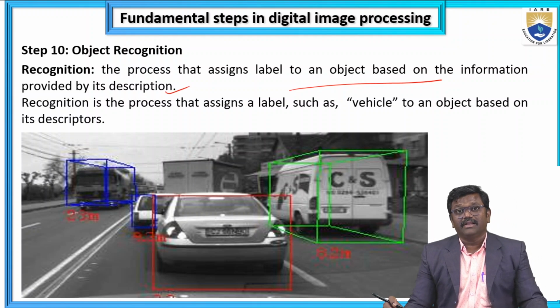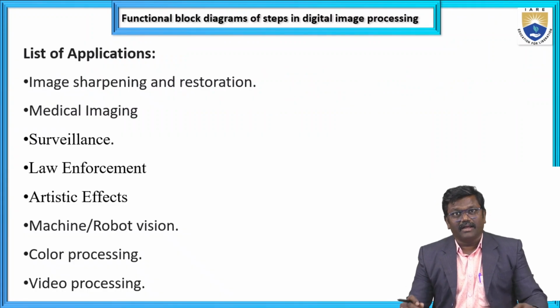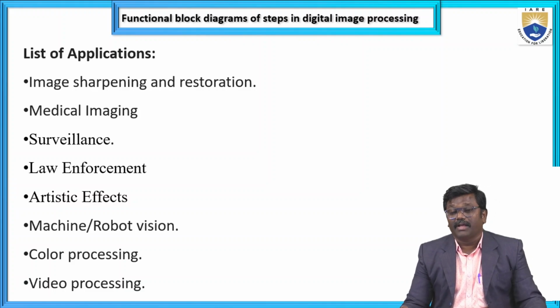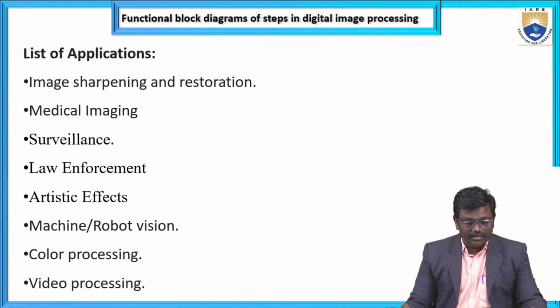Recognition assigns a label such as vehicle to an object based on its description. Extending object recognition, some applications we can concentrate on are image sharpening and restoration, medical imaging, surveillance, law enforcement, machine or robot vision, color image processing and video processing.